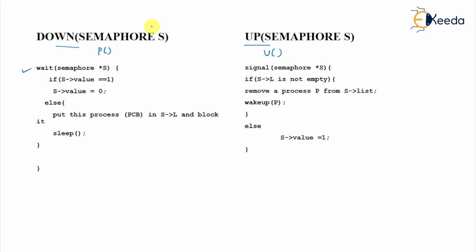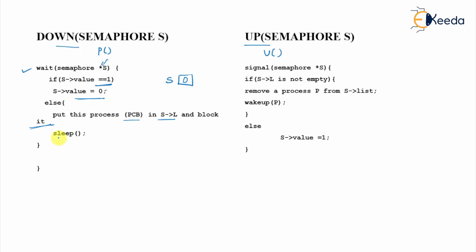A binary semaphore will check if the value is exactly equal to 1. S pointing to value; S is the semaphore variable, and it can take the value 0 or 1. So it will check if S is exactly equal to 1, then it will set it to 0. If it is not 1, then definitely the S value is 0, and it will put the process PCB in S.L and block it.